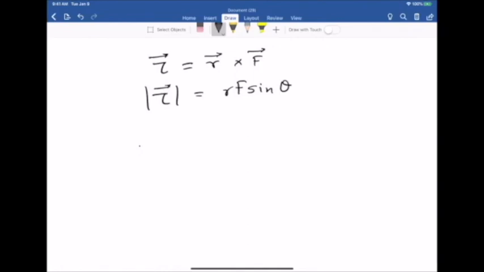So let's look at an example. Let's just stick with the example of a wrench. So suppose I have this wrench, and I'll just draw a nut over here.